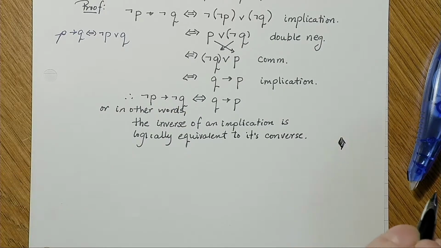On a test, we need to write out which rule we are using at each step of the proof.